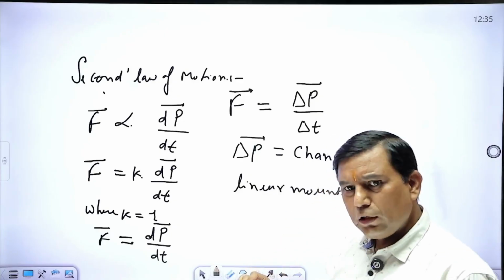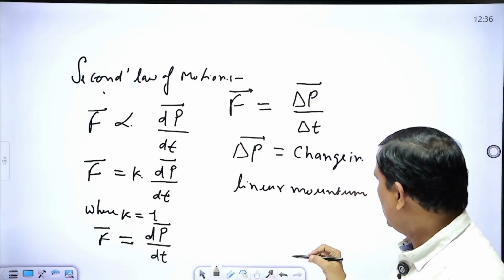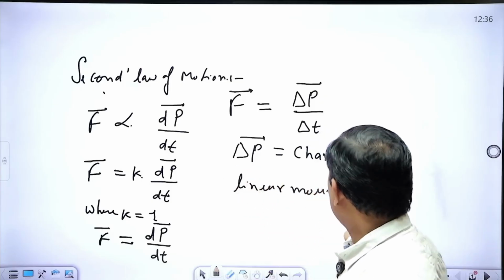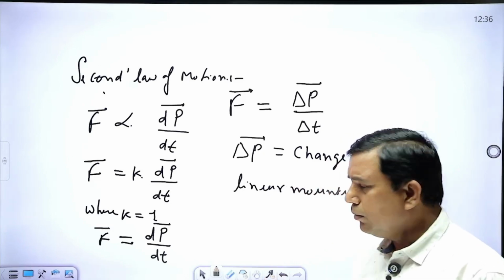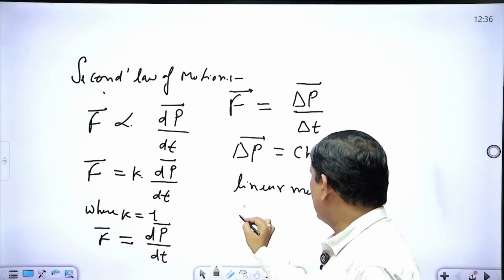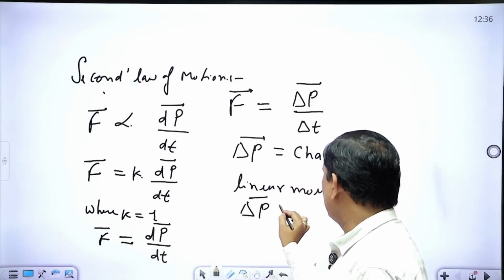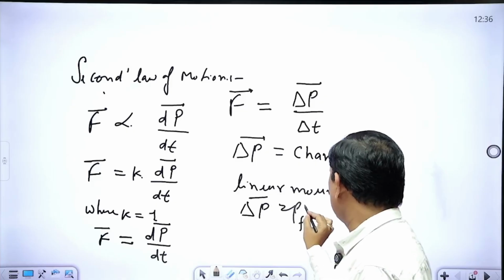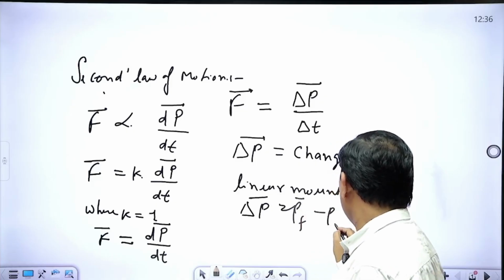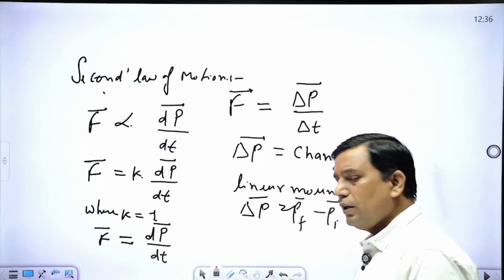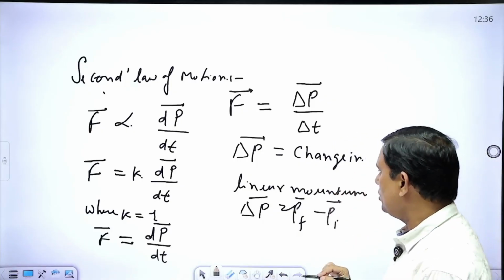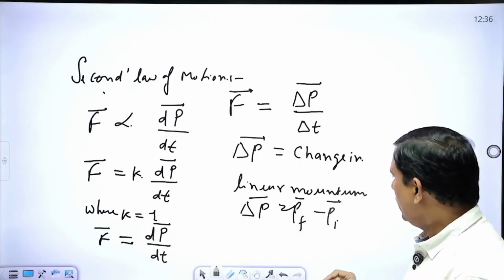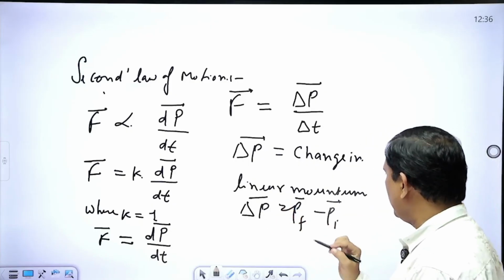Linear momentum is also sometimes simply called momentum. We can write delta p vector equals p final vector minus p initial vector, the difference of the final and initial vectors, known as the change in linear momentum.